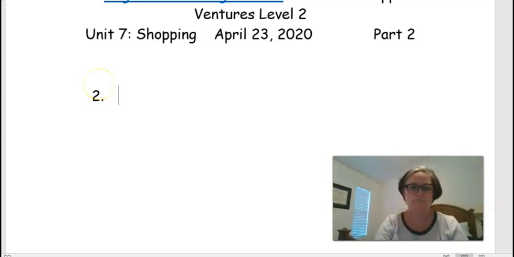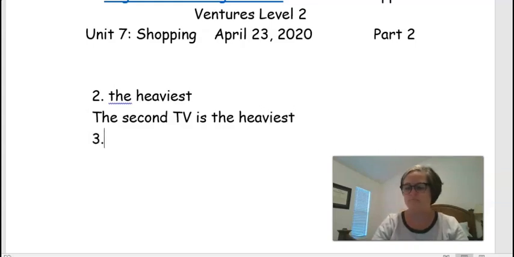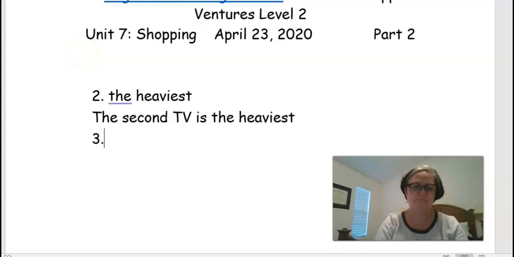Which TV is the heaviest? The second TV is the heaviest. 3.